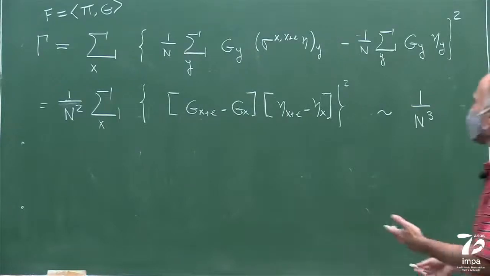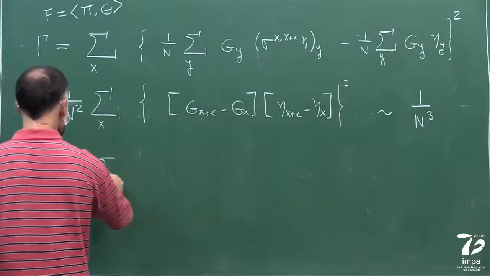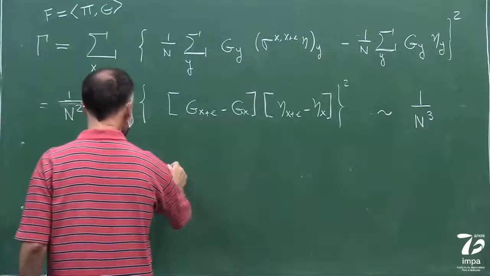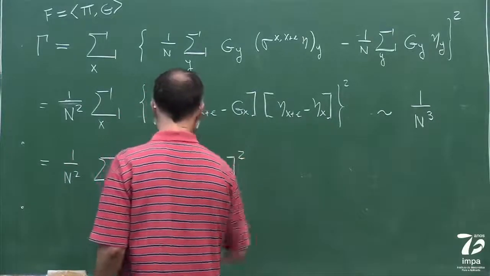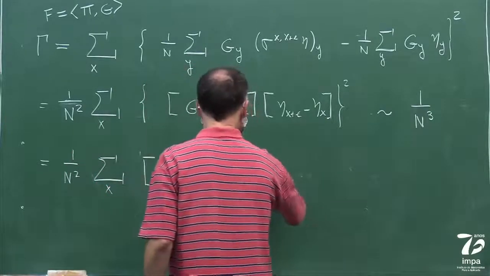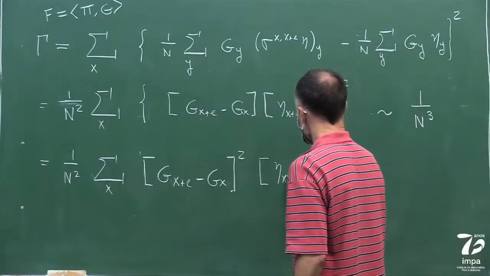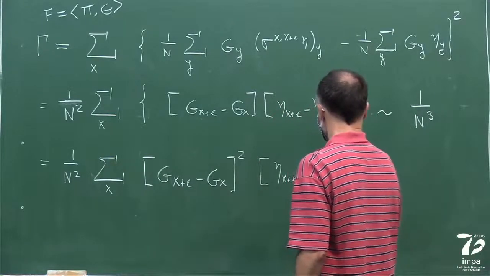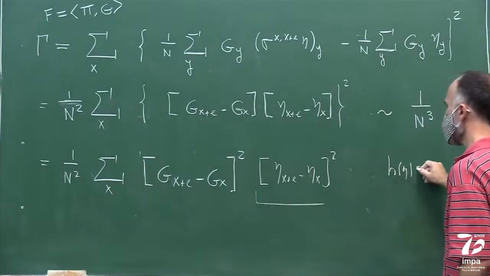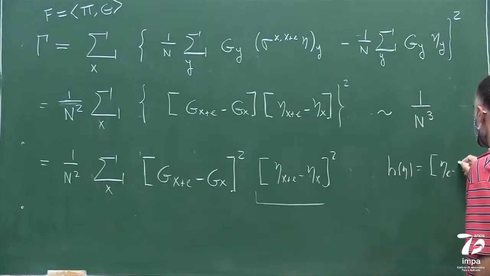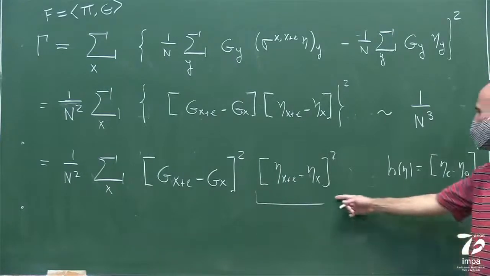And so let me write this as 1 over n squared, the sum of g x plus e minus g x squared times a function. If I call h of eta the function eta e minus eta 0 squared, this is just a translation of this function.